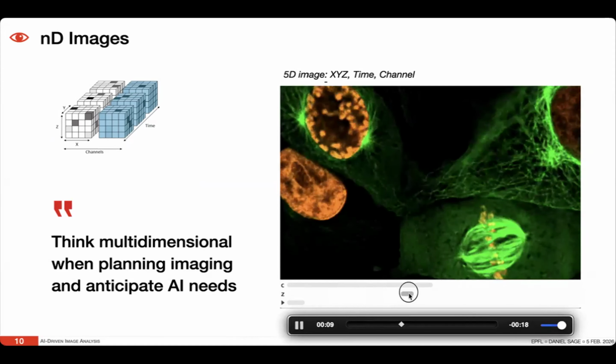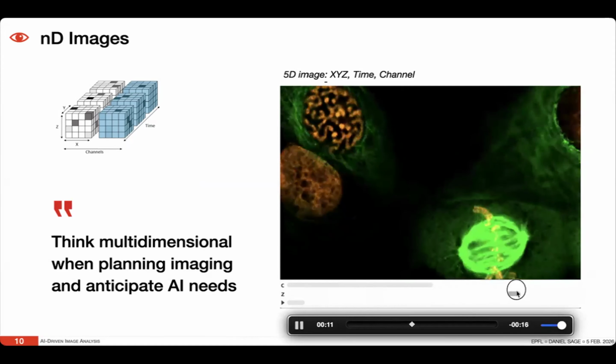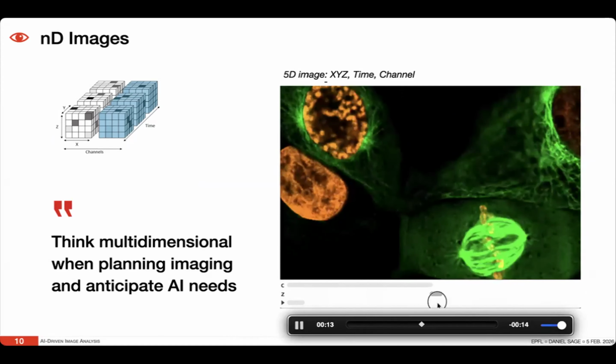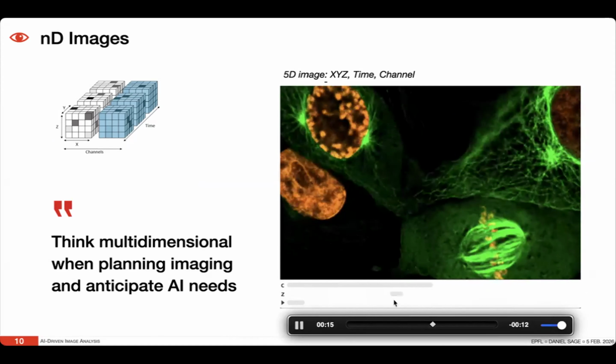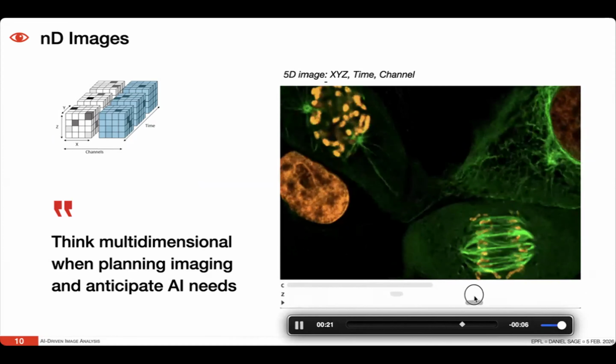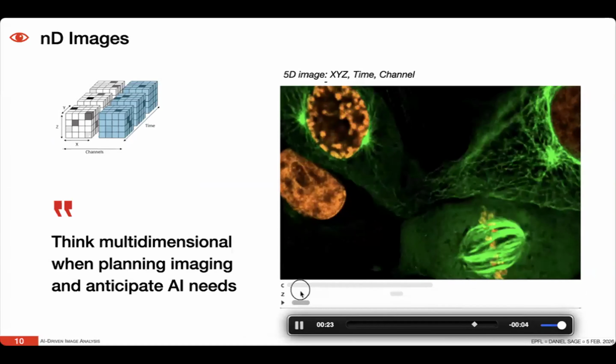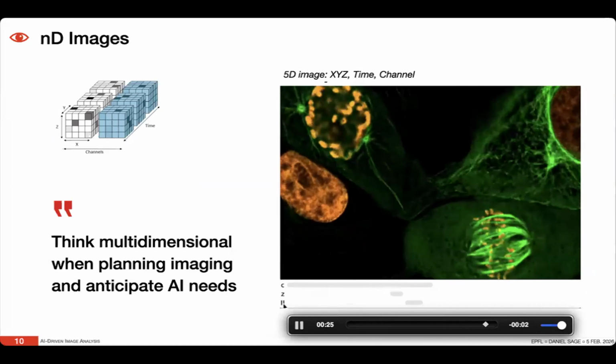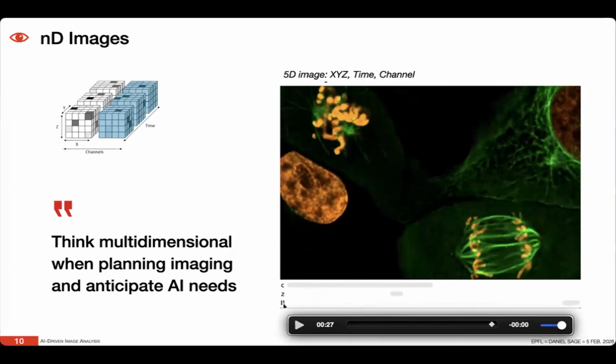We select the Z information. We go deeper or closer to the objective, and we have the time dimension. Here we see the cells that are dividing, and we can play the time as a movie. So here we have a 5D dimension, and playing with this 5D is very interesting.